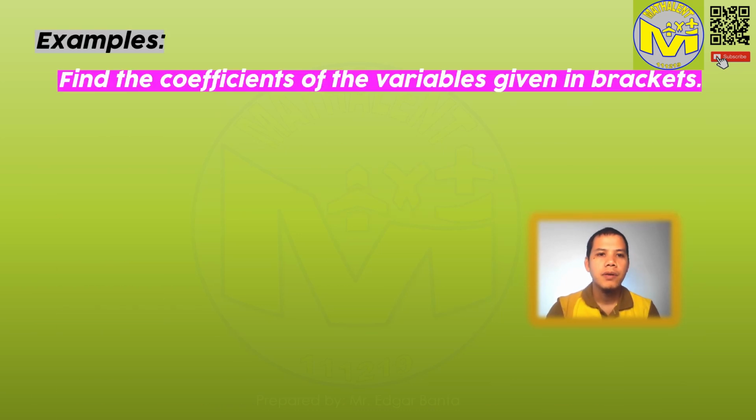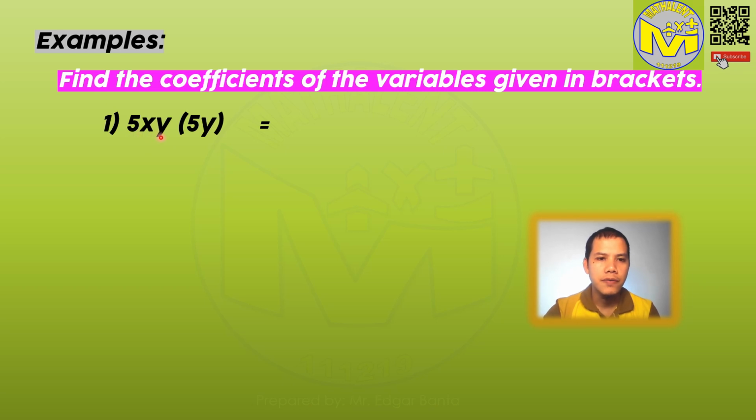Okay, let me show you more examples. Instruction: find the coefficient of the variables given in the bracket. So, what is in the bracket? 5y. This is the variable. Find the coefficient of this variable. Okay, 5xy.